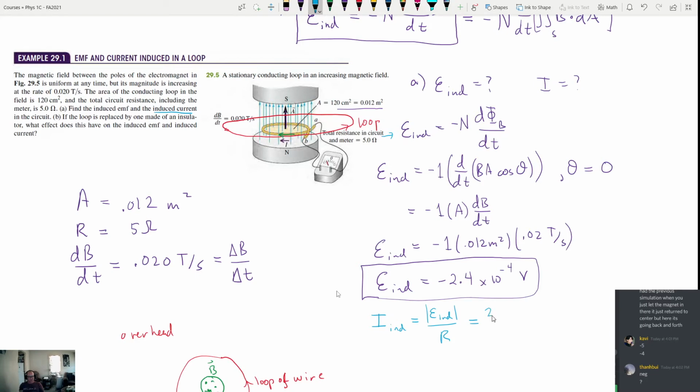So now all we're going to do is take 2.4 times 10 to the minus 4 volts and divide by the resistance, which is 5. Let's see, 2.4 divided by 5 is going to be like dividing by 10 and multiplying by 2. So it's 0.24 multiplied by 2 would be 0.48. So I think it's going to be 4.8 times 10 to the negative 5. Maybe.